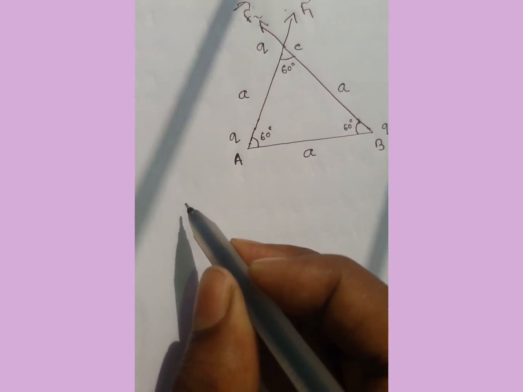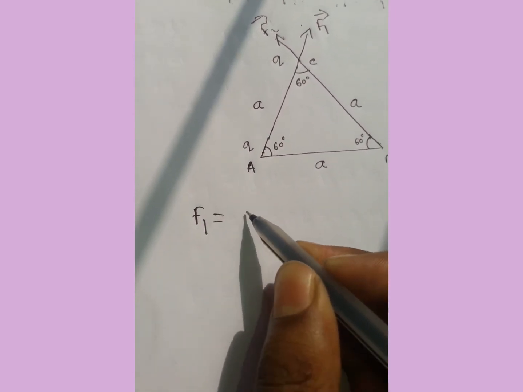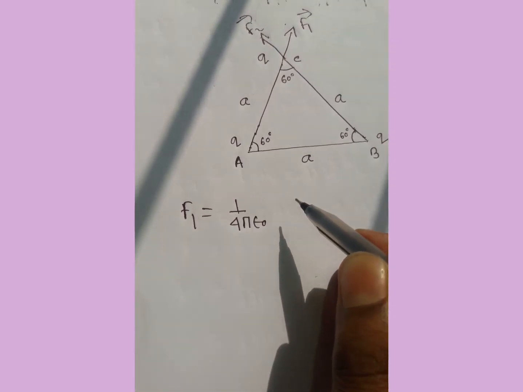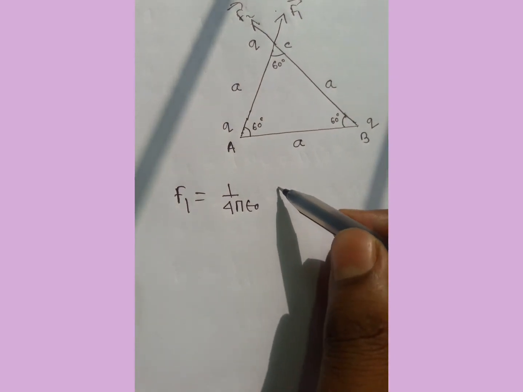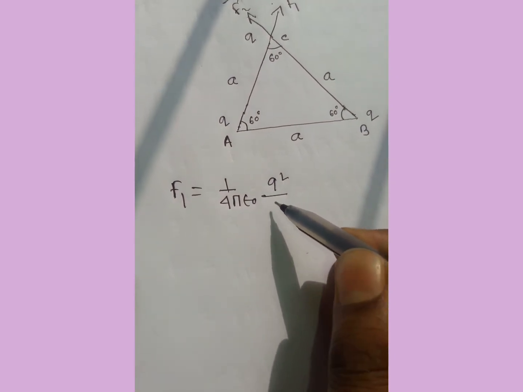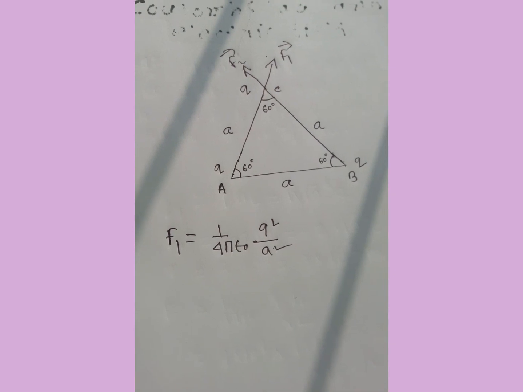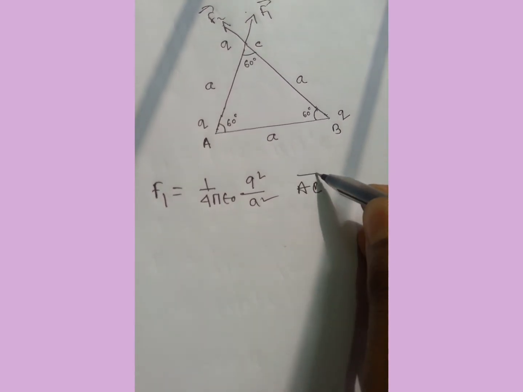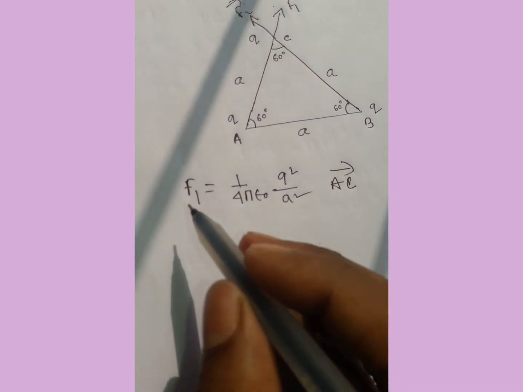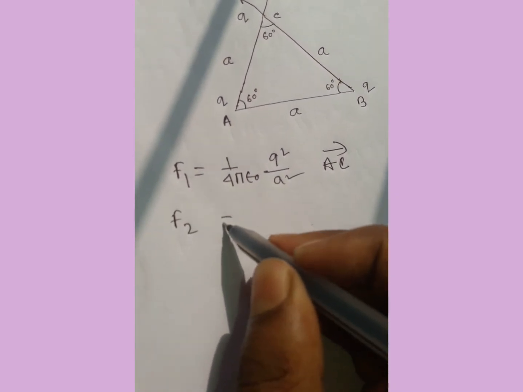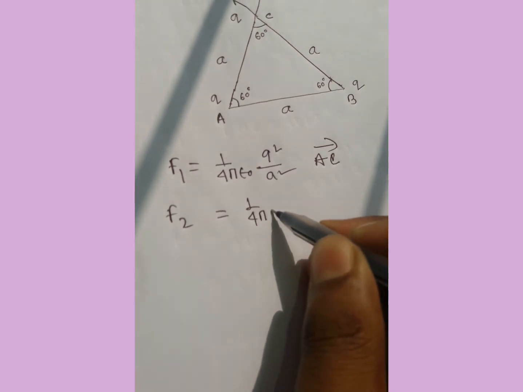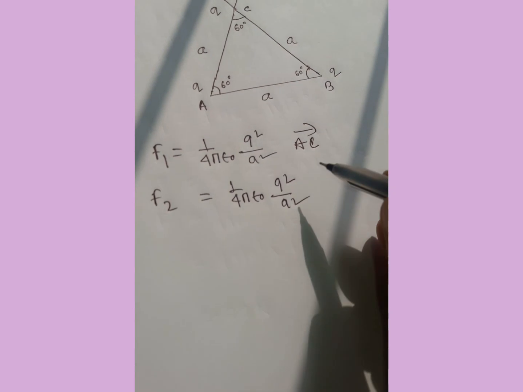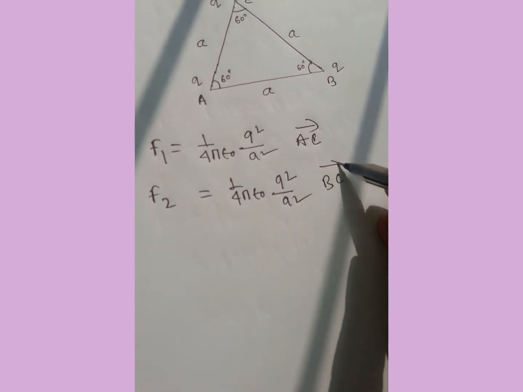Then F1 equal to 1 by 4 pi epsilon naught Q and Q, that is Q square divided by a square, and this is along AC. Similarly, the force F2 equal to 1 by 4 pi epsilon naught Q square by a square along BC.